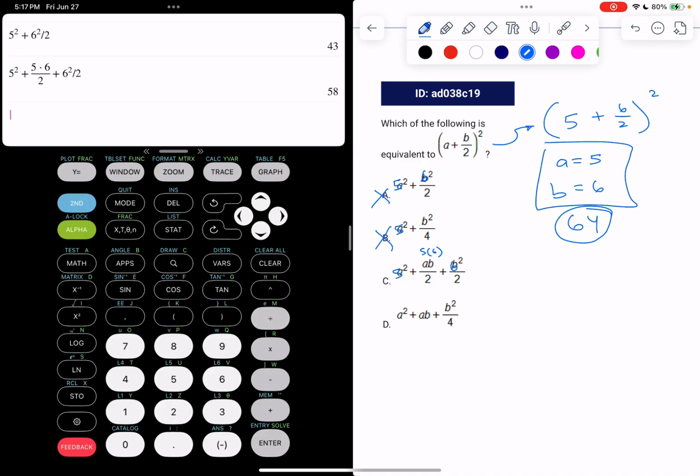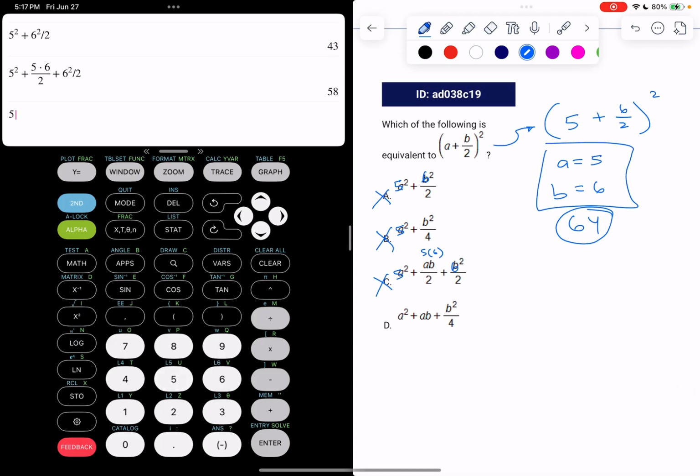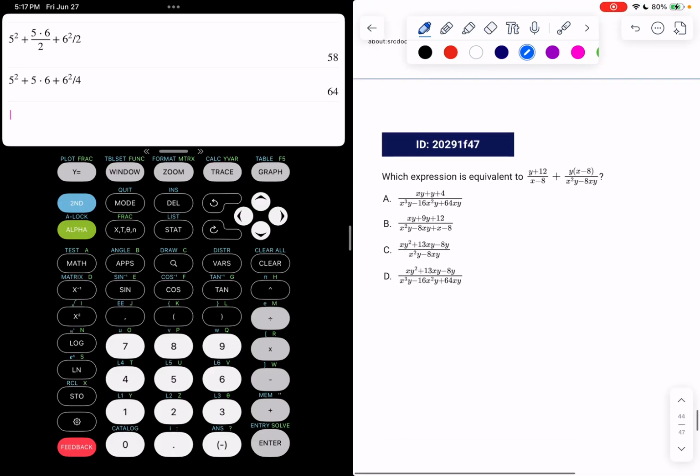All right, let's see. 58, not what I wanted. Okay, that's all right. Let's try one more. 5 squared plus 5 times 6 plus 6 squared over 4. And that's what we wanted. We found it. All right, let's go for the next one.